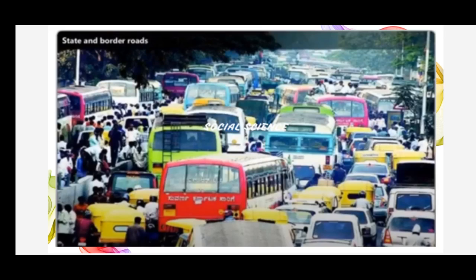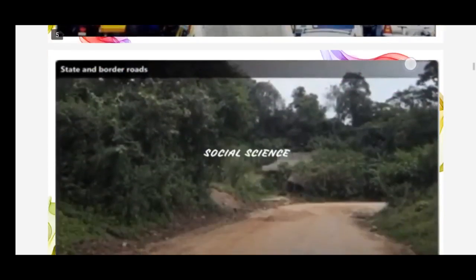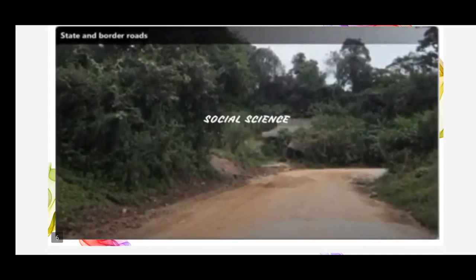So the road network is inadequate, because about half of the roads are unmetalled roads. Unmetalled roads means kacha roads. These unmetalled roads limit their use during the rainy season, because they become muddy and are not easily available for transportation during the rains.